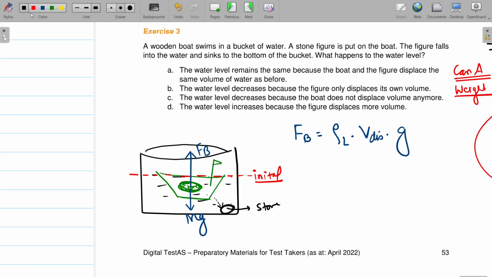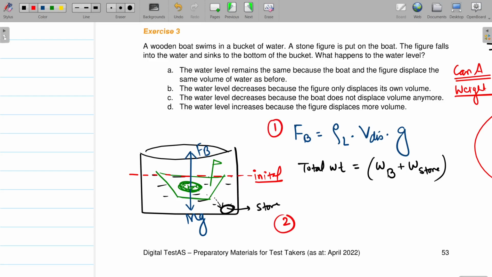And this should be equal to the total weight, weight of boat plus weight of stone, right? This is the first case.